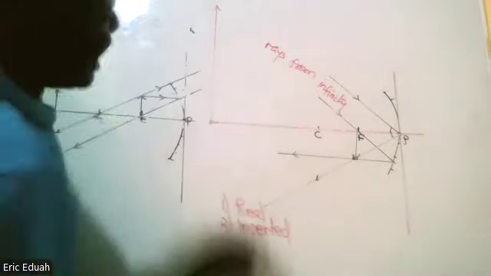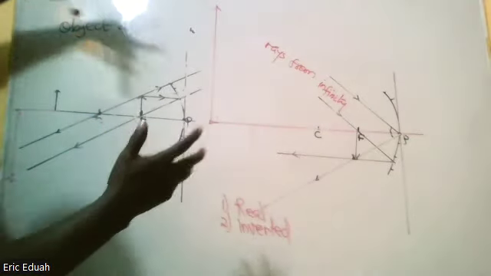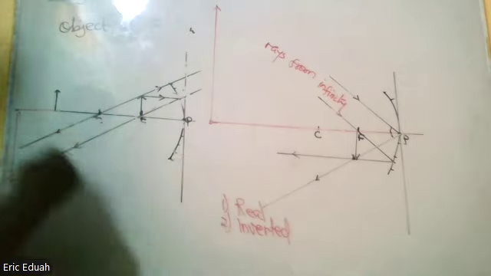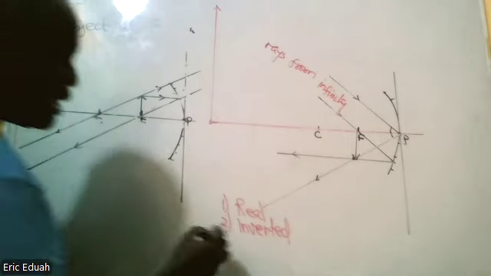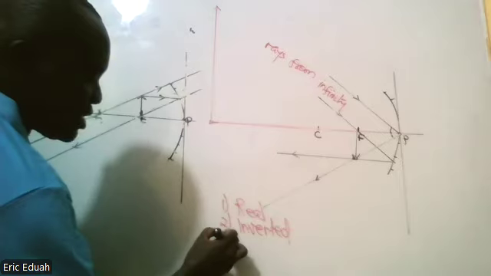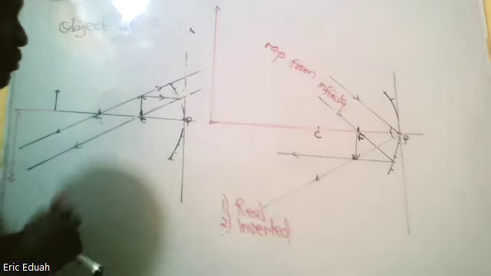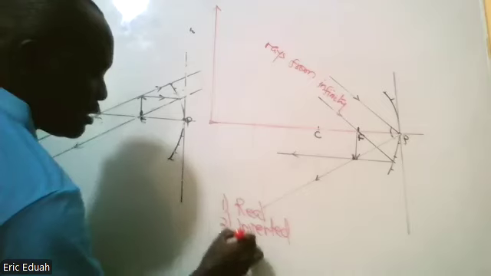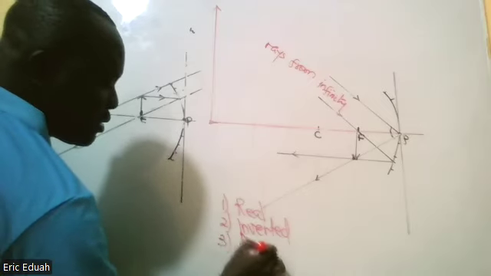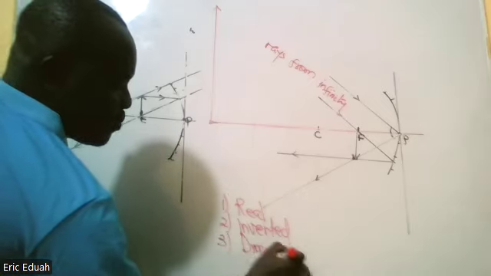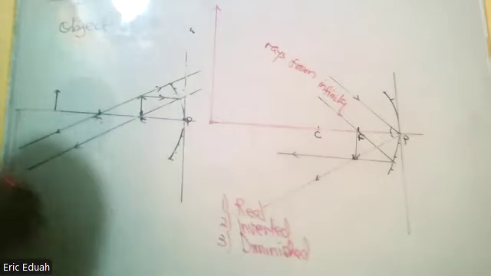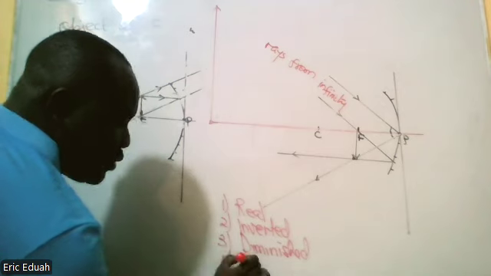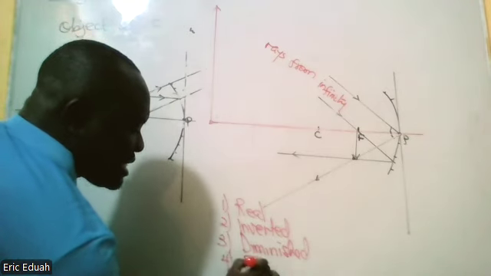Now, the farther the object goes, the smaller it appears. So we come to the conclusion that the image is diminished, or reduced. Then finally, we say that the image is formed at F.